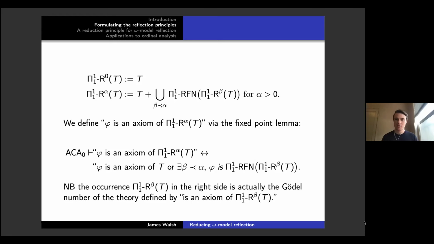Now note that the occurrence of beta iterated reflection on the right side, we're actually putting in the Gödel number of the theory that's defined by the formula is an axiom of beta iterated reflection over t. So this is what the fixed point theorem allows us to do: we can use the Gödel number of the formula we're defining on the right-hand side. That's what's going on.